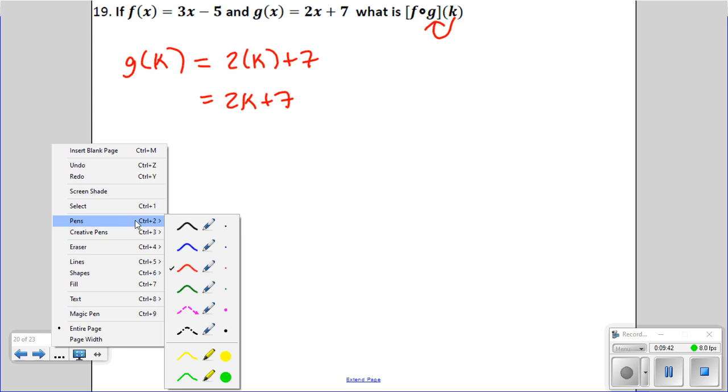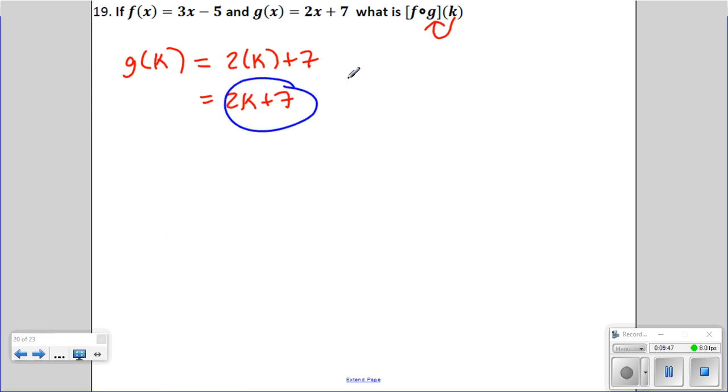So now you're going to take 2k plus 7 and substitute it for x into the f function. Again, we never go back. We always keep going to the left. So now we're going to find f when x is equal to 2k plus 7.